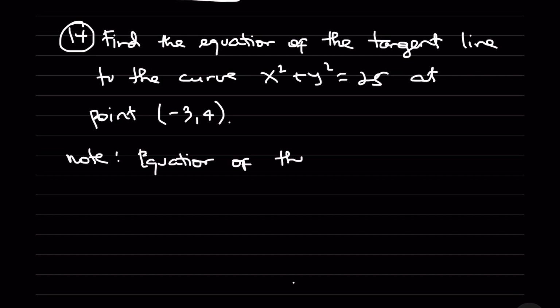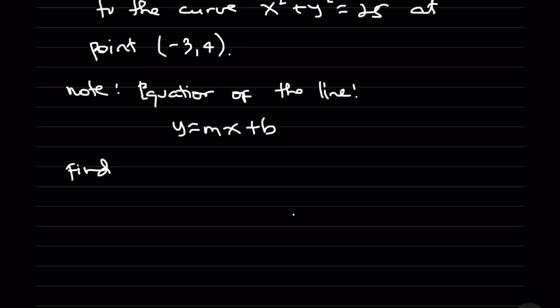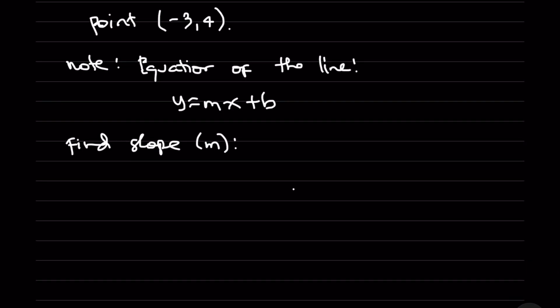So because we're looking for the equation of a tangent line, which is a straight line, we will use the general equation for the line, which is y equals mx plus b. So first, we find the slope of this line, denoted by symbol m.